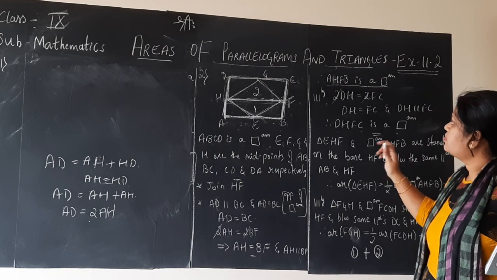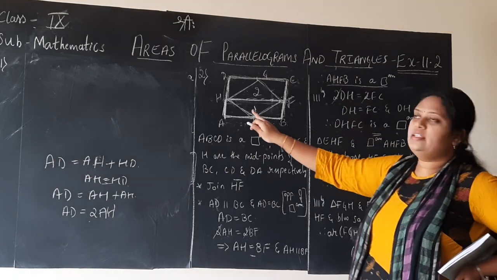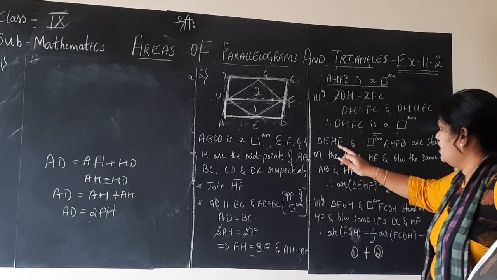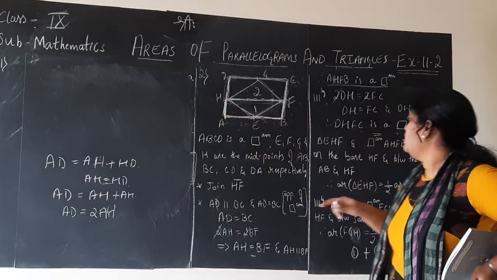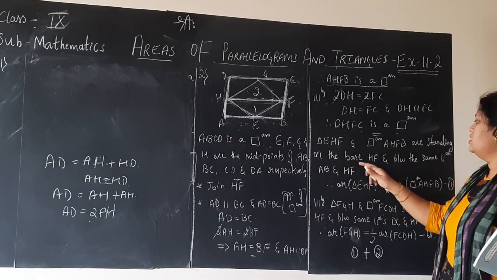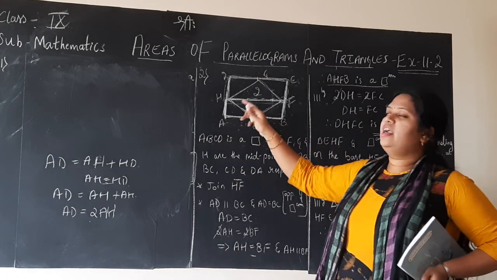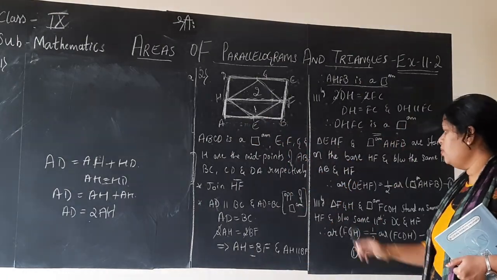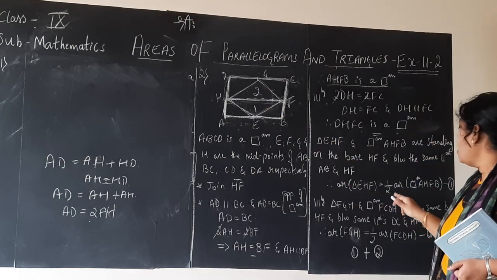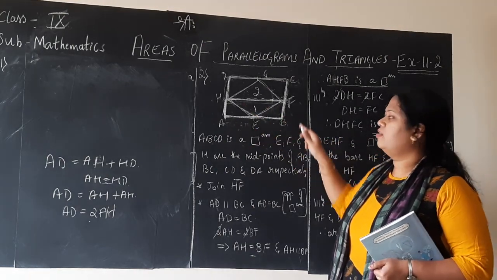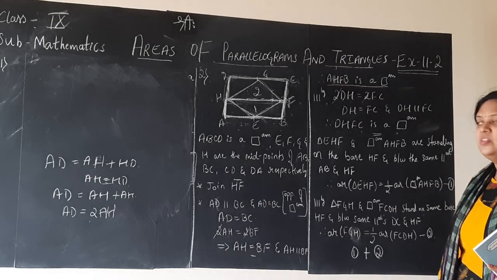Look now. That is done. Now triangle EHF. What is triangle EHF? I am writing it as 1. That triangle and parallelogram AHFB are standing on the same base HF and between the same parallels AB and HF, isn't it? So therefore area of triangle EHF is half of area of parallelogram AHFB, and I am calling it equation 1.